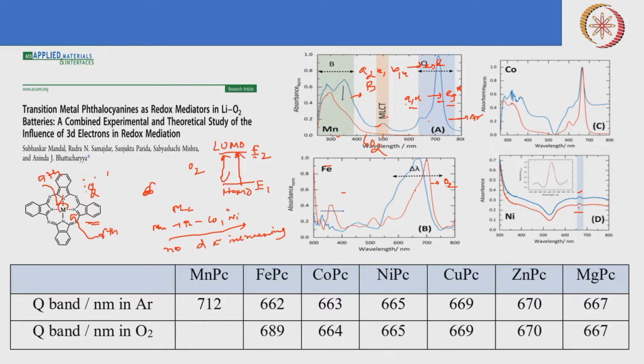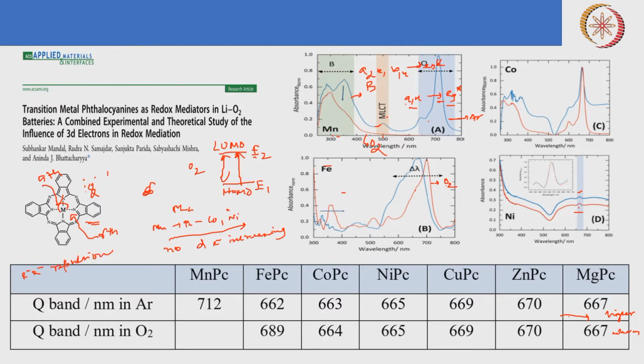Okay, but here you can see the data for different transition metals, nickel, copper, zinc, all these things. Here you can see that from iron to nickel, the peak position of the Q band is shifted to the higher wavelength. Okay, why is this? Because there are two factors working.